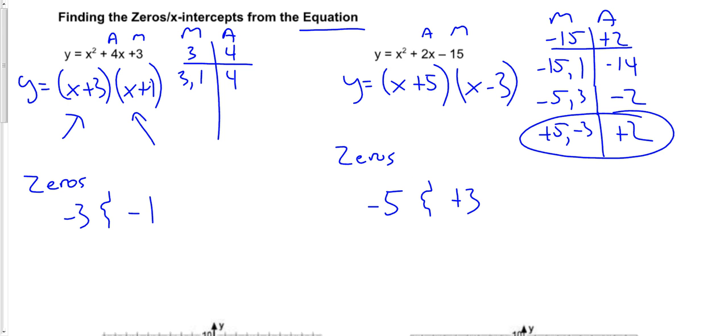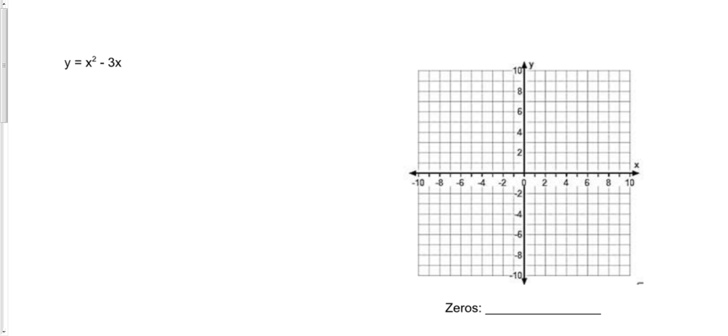If we take a look, we've got another example. Here we have y equals x squared minus 3x. Again, this is actually a trinomial. It's just missing the c value at the end. If we want to factor this, we're looking for two numbers that multiply to 0, but add to negative 3.